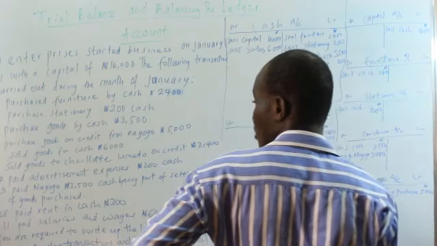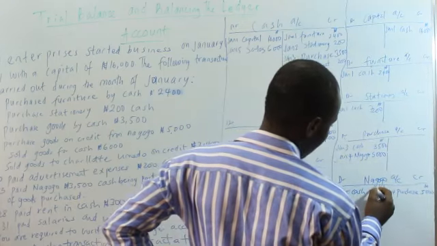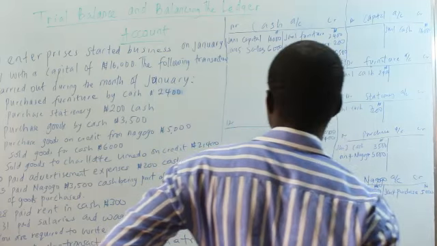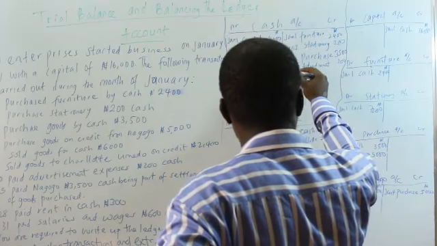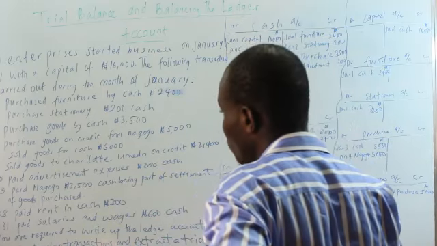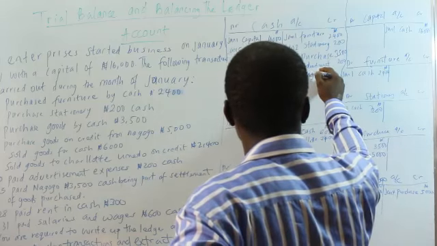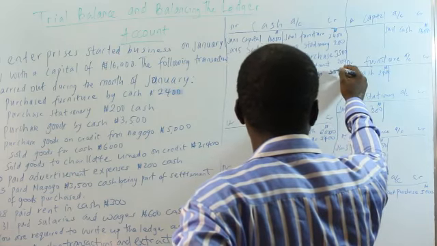So we have January 25, Nagogo, corresponding account, 3,500.